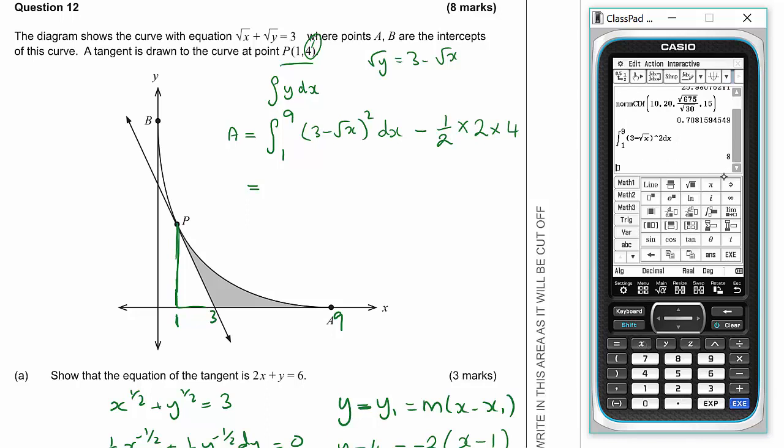So that gives us 8. Take away 4, giving us 4 square units.